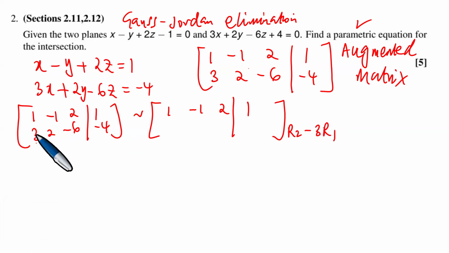Row 2 minus 3 row 1. So now you multiply by minus 3 and you add, you get a 0. You multiply by minus 3 and then 3 plus 2, you get a 5. Multiply by minus 3, you get minus 6 minus 6, which is minus 12. You multiply by minus 3, you have minus 3 minus 4, you have a minus 7.